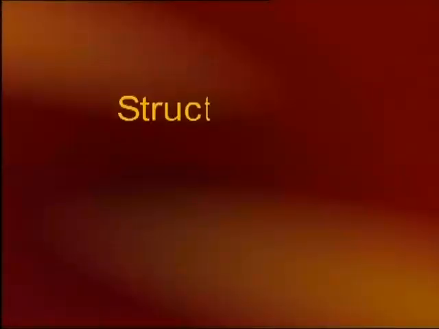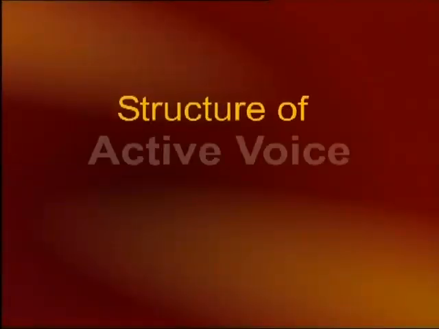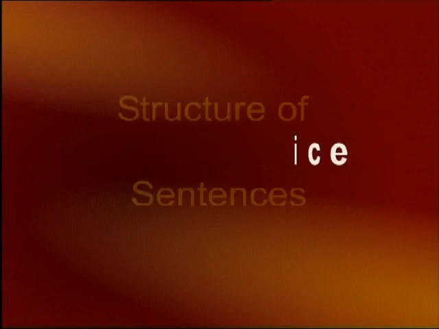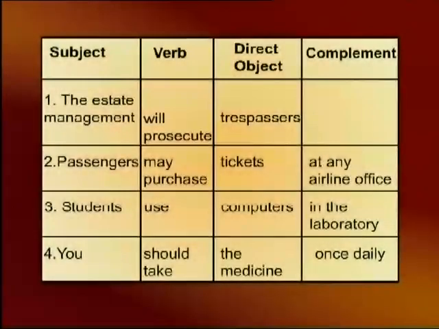Now, I will show you a chart and it will become very clear. Sentences are written either in the active or in the passive voice. Now let us look at the structure of the active voice sentence and the structure of the passive voice sentence. On the chart, notice there are 4 columns.